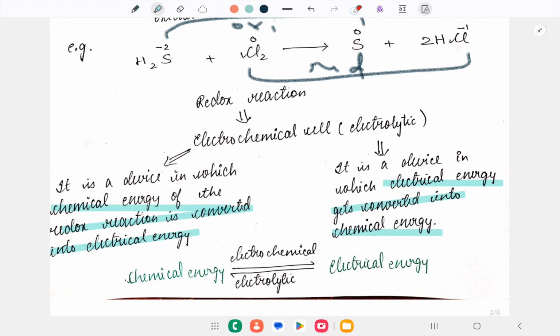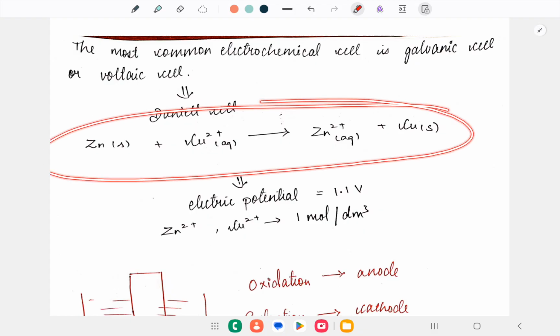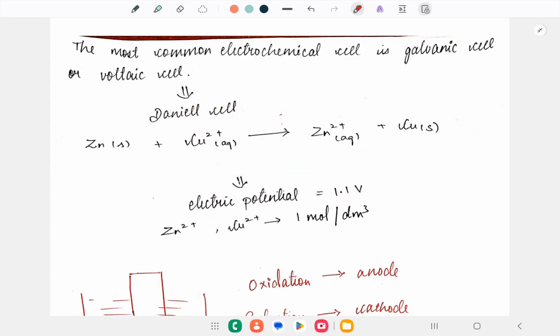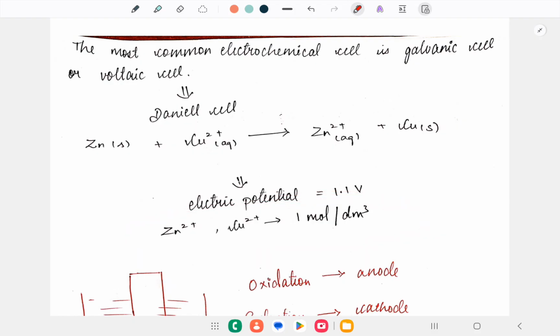The most common electrochemical cell is the galvanic cell or voltaic cell, and a galvanic cell is the modified form of the Daniell cell. This is the reaction for a Daniell cell with an electric potential of 1.1 volt, and this is the concentration of the ions used.